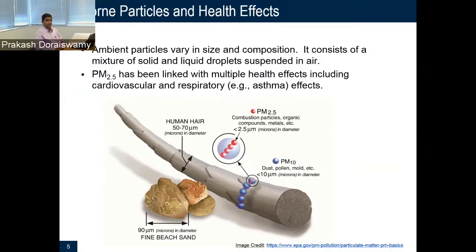PM 2.5, often referred to as fine particles, as you see in that image below there, are particles that are less than or equal to 2.5 microns in aerodynamic diameter. For context, the human hair is about 50 to 70 microns in diameter. Now, these fine particles have been linked with multiple health effects, including cardiovascular and respiratory effects such as asthma.